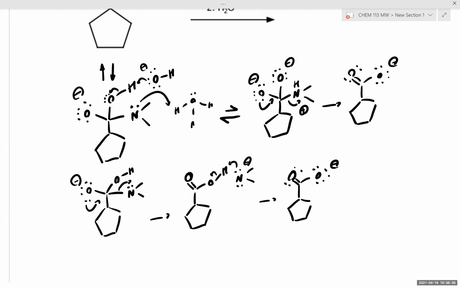Does this mechanism make sense to everyone? And does this idea of leaving group capability and the ease that these carbonyl substitution reactions occur make sense to everyone? Does this help explain why it's often a little bit difficult to hydrolyze an amide under basic conditions directly? Because you're kicking out this pretty terrible leaving group.